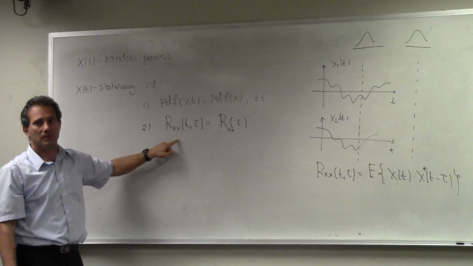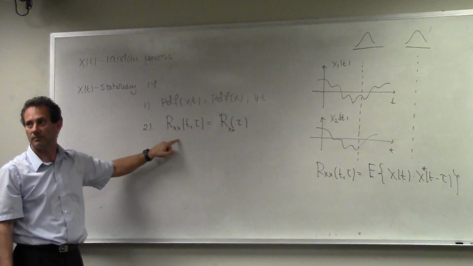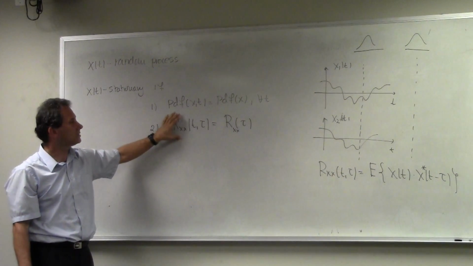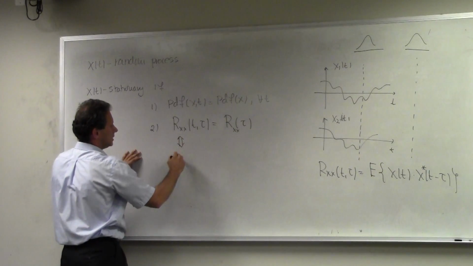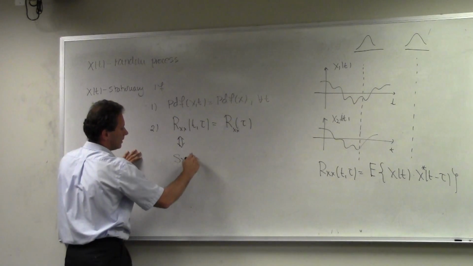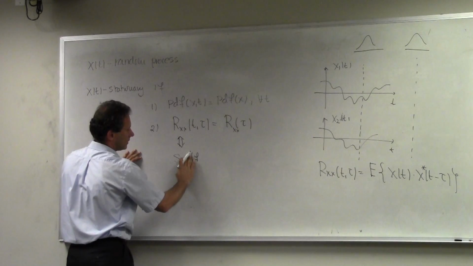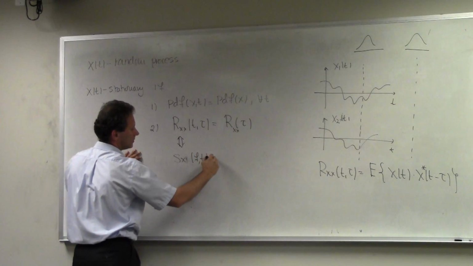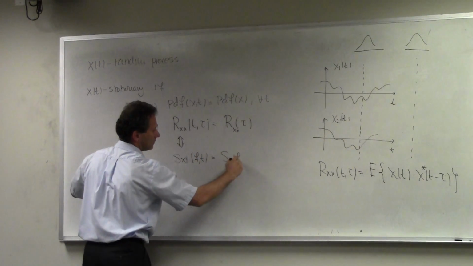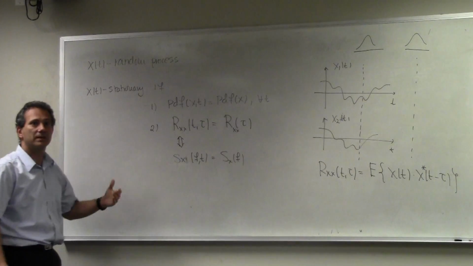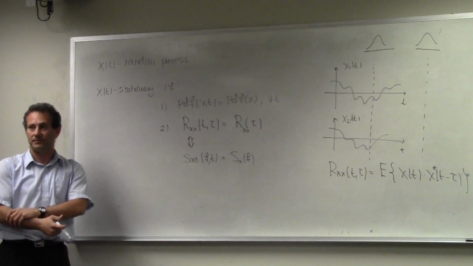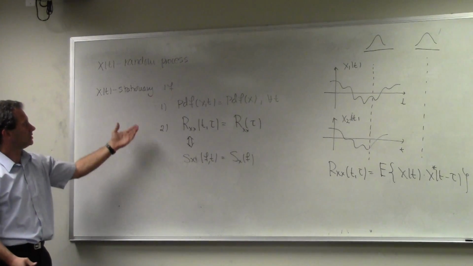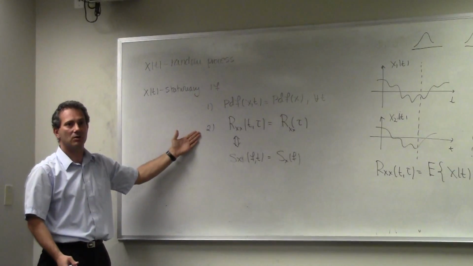An equivalent alternative is that Sx of f, which could also be a function of t, is just Sx of f. So your power spectral density does not change as a function of time. So the signal is strictly stationary if both of these hold.